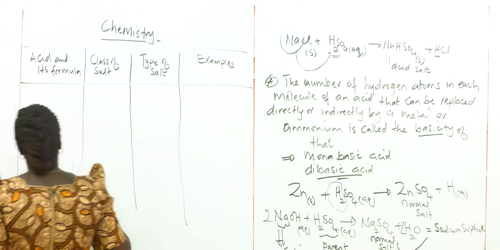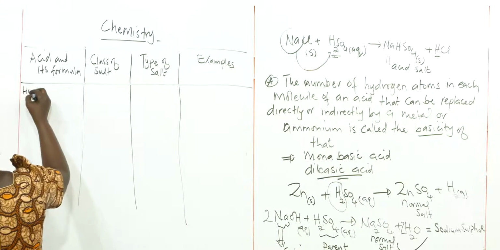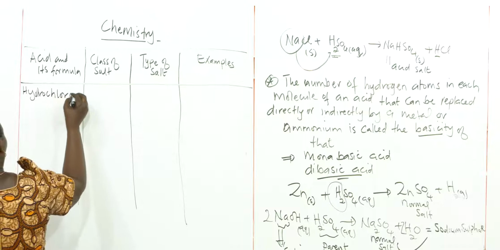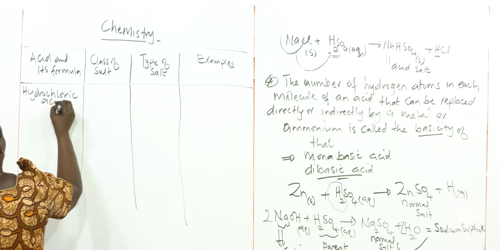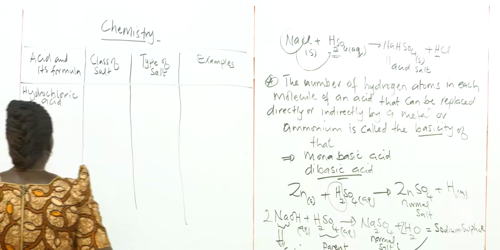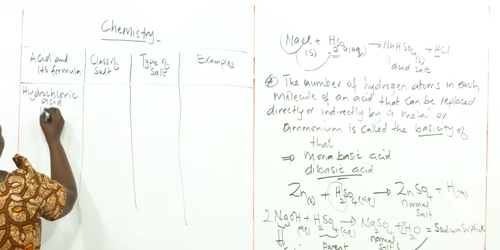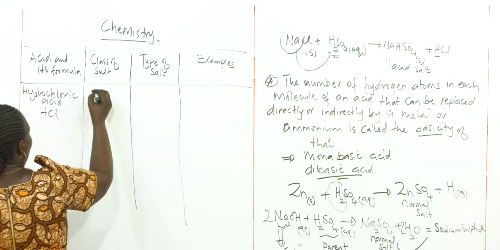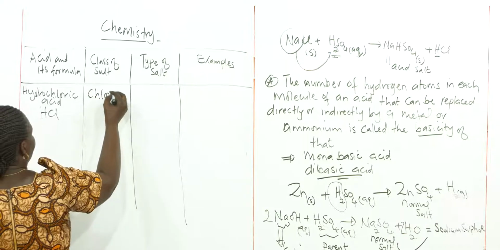So we have hydrochloric acid, the formula is HCl. The class of salt is chlorides.